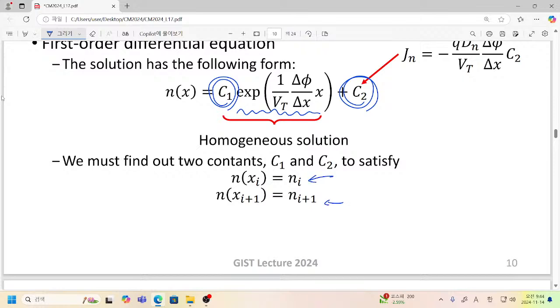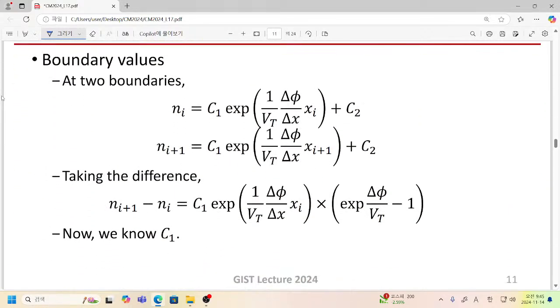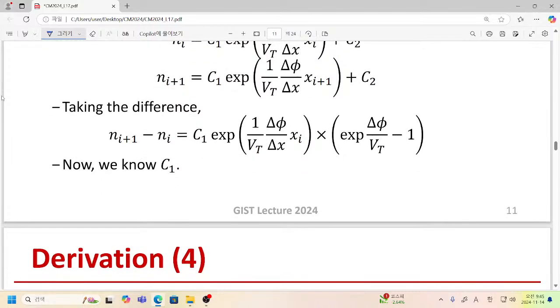Now it is given in this way, and we just insert the n values to match the values at the x sub i node and x sub i plus 1 node. I will skip the derivation procedure for the sake of easiness of our lecture, but all of you should follow this derivation at least once.